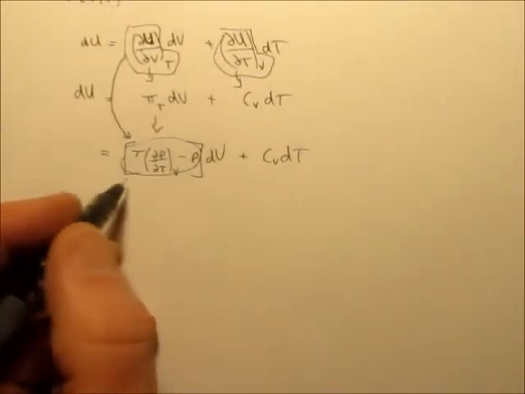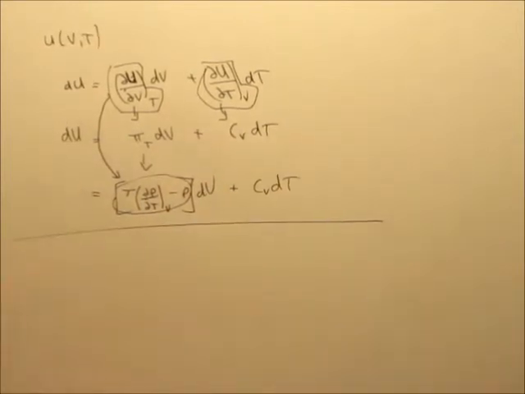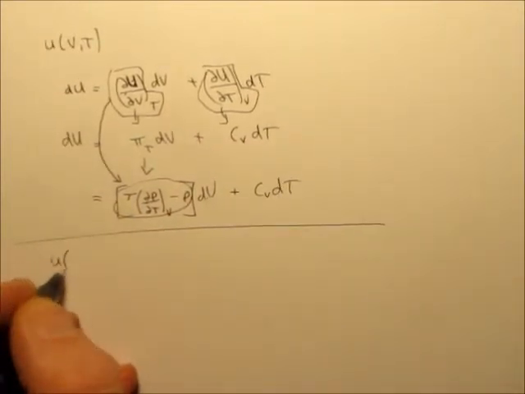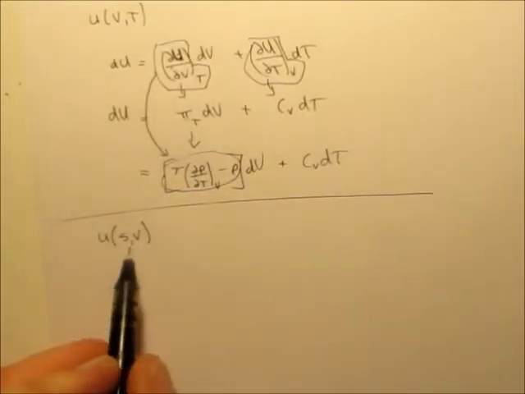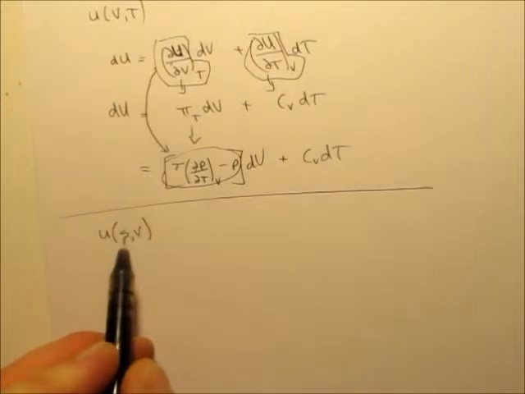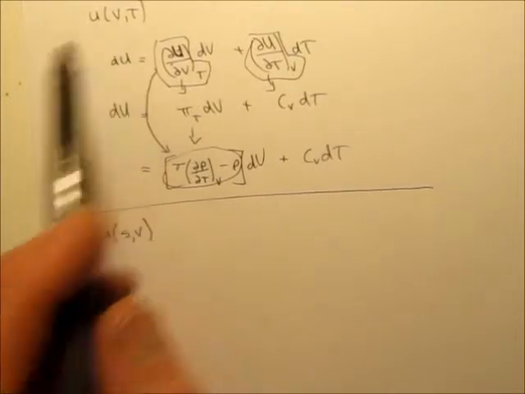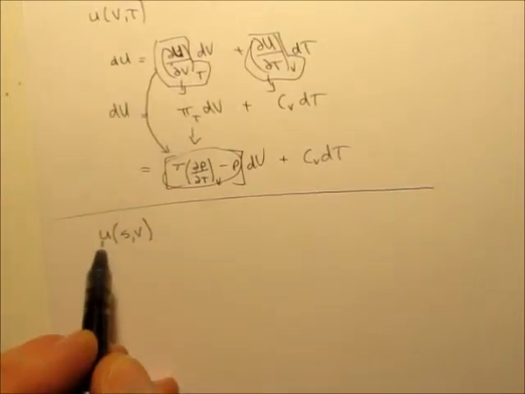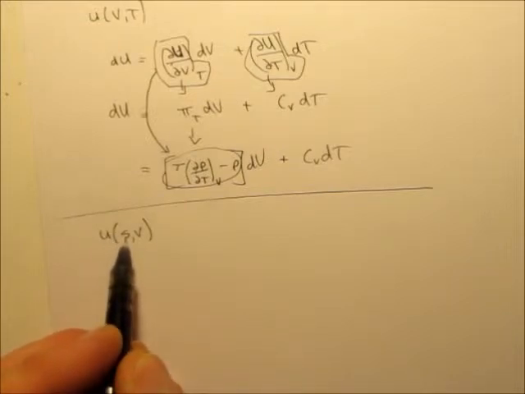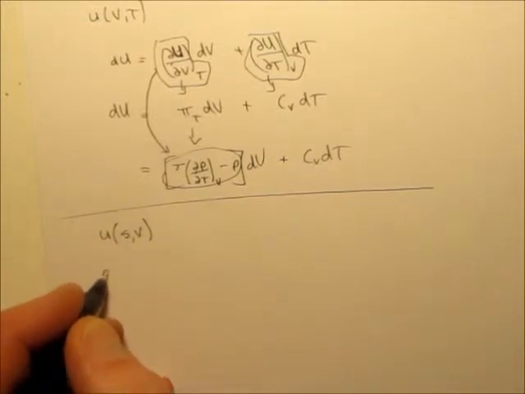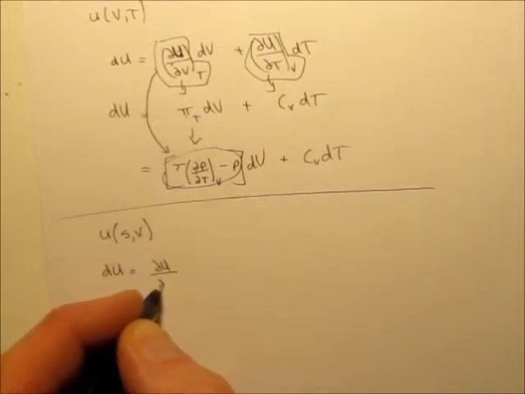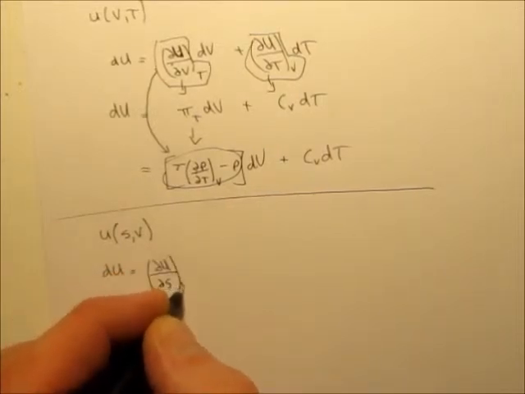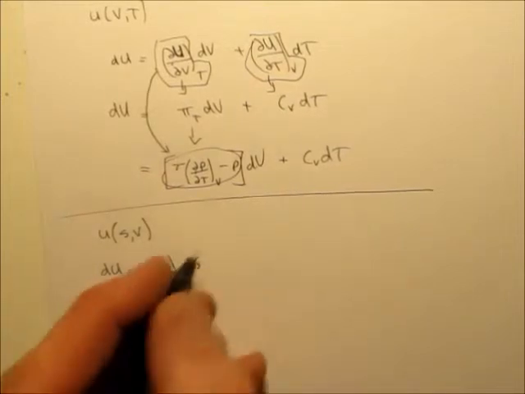first things first, to get here, someone would have to tell you that internal energy can also be described as a function of entropy and volume. So see how this time they're saying we'll get rid of T and we'll say let's watch the behavior of internal energy as a function of S and V. So what that means is we'll expand it out this way, right?